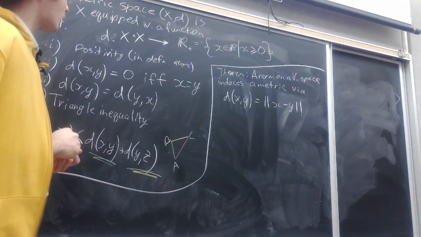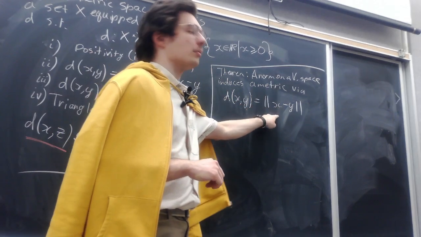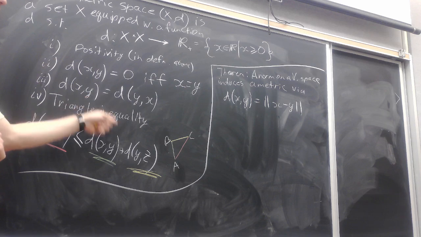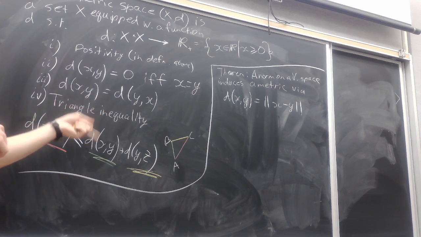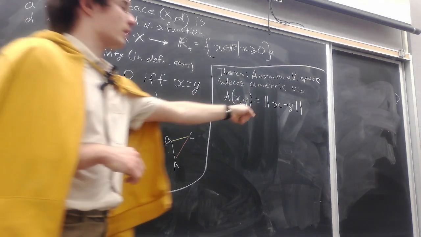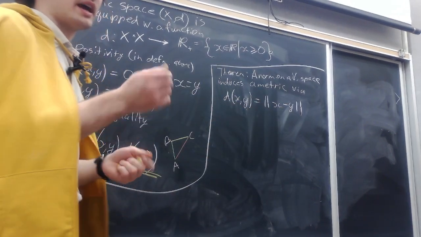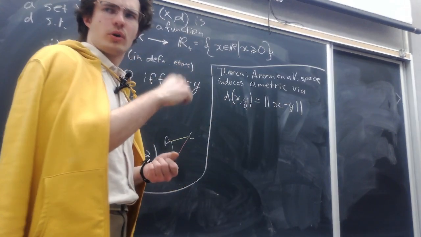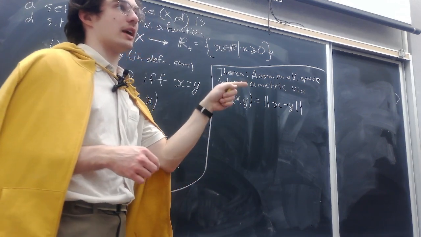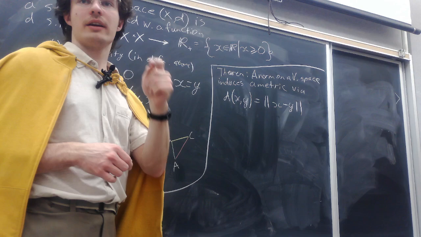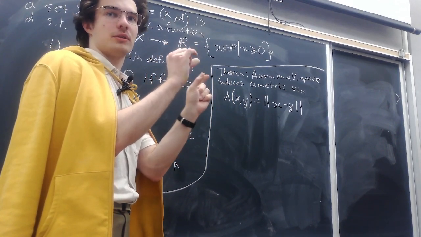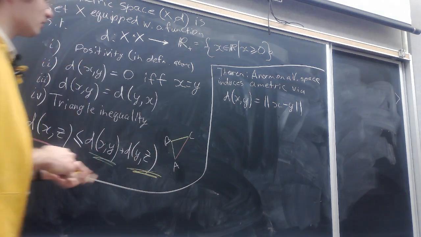So from the definition of a norm, you automatically get the triangle inequality from the triangle inequality on the norm, right? Because if I added in some point in between, say z, I could do x minus z plus z minus y. So just do minus z plus z, and then use the triangle inequality on those two terms, and then I'll get this. Good.